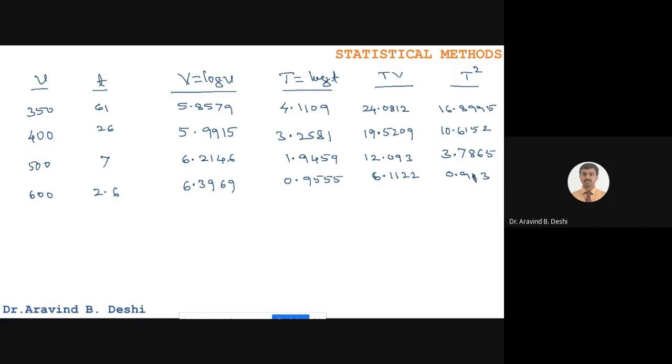Then take the summation of these last four columns. Summation of capital V equal to 24.4609, summation of capital T equal to 10.2704, summation of capital TV equal to 61.8073, and summation of capital T square is 32.2142.